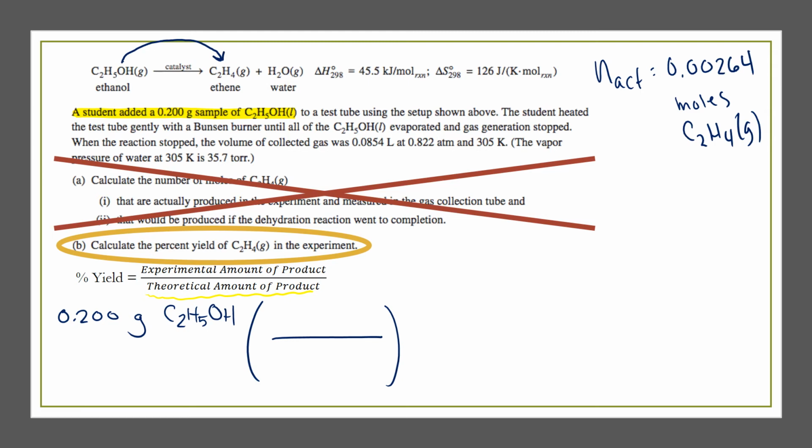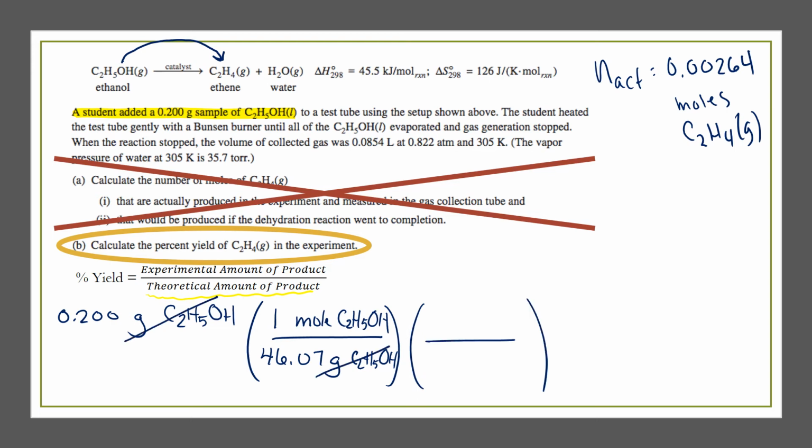So the molar mass of ethanol is 46.07 grams of ethanol for every 1 mole of ethanol. Now that I'm in moles of ethanol and no longer in grams of ethanol, I can use the mole-to-mole ratio of that equation to determine my theoretical moles of my product, ethene.